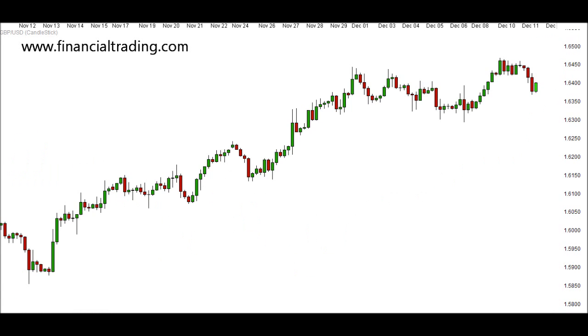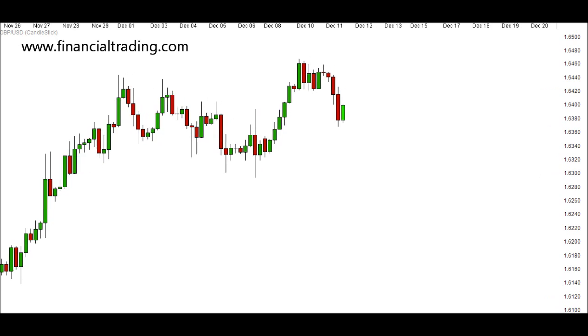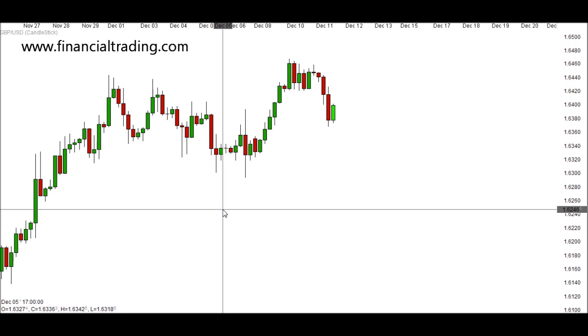So let's zoom in and have a more detailed look at these Japanese candlesticks. Each candlestick has an opening price and a closing price. The opening price will be the price of the financial instrument when the candlestick opened.